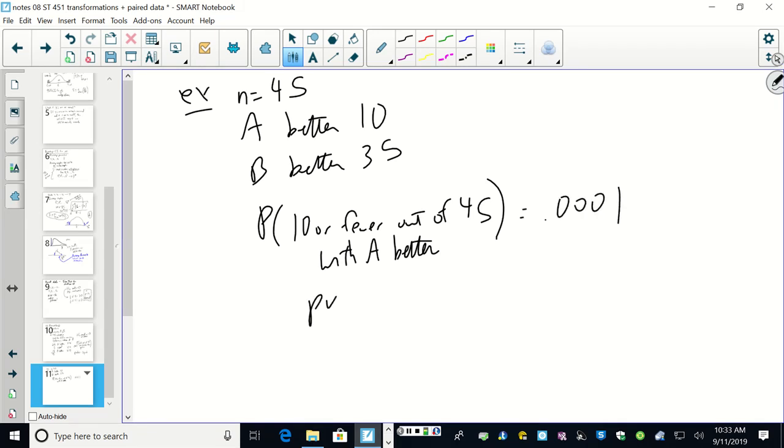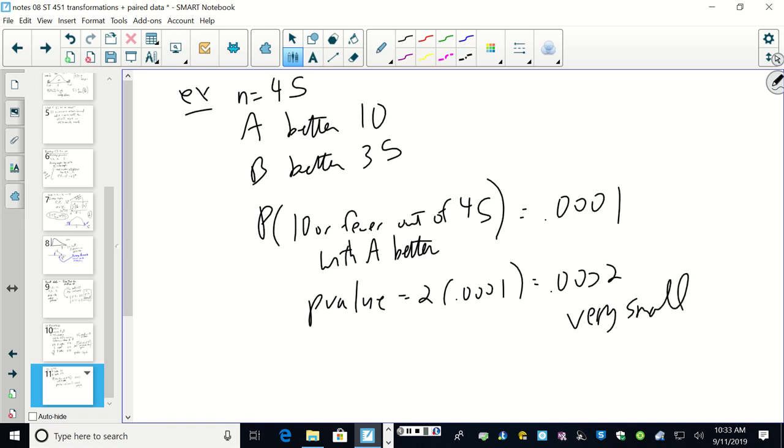If we double that p-value, 2 times that value, very small. And so based on that, we would reject the null hypothesis.